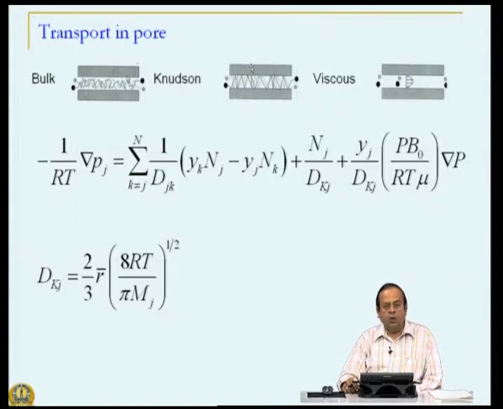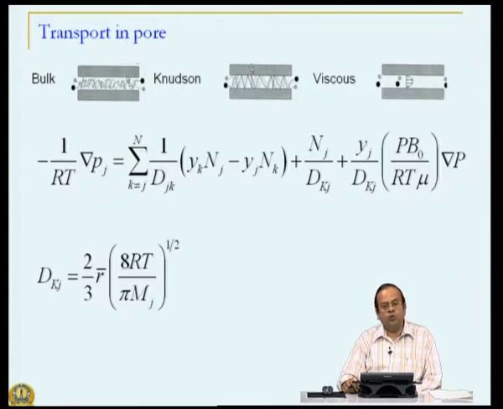For example, bulk diffusion. Now, bulk diffusion arises because of molecule to molecule contact. Now, in a reactor, for example, whose dimensions are in meters, this is a dominant phenomenon of diffusion, bulk diffusion.